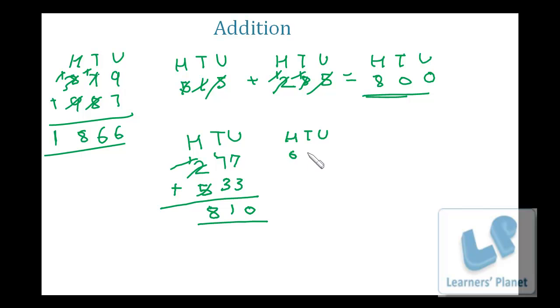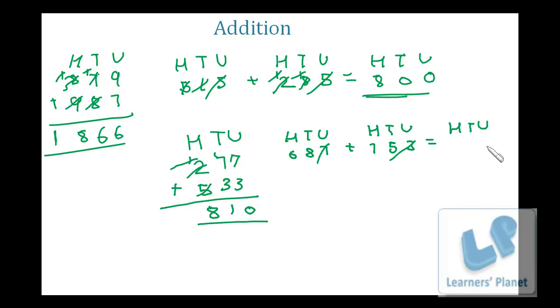Alright. Now suppose we have hundreds, tens and units. So that is 687 plus again hundreds, tens and units, 753 equals hundreds, tens and units.